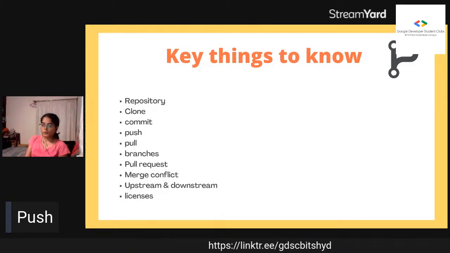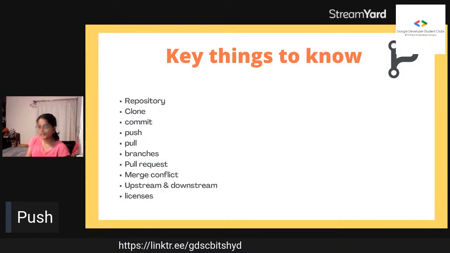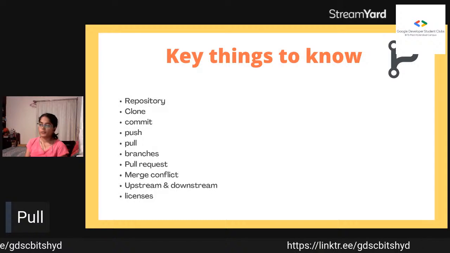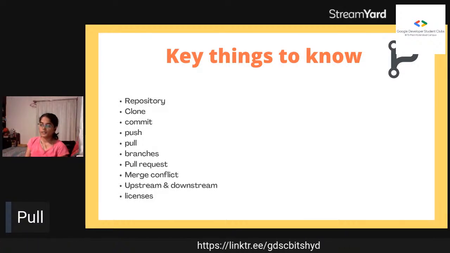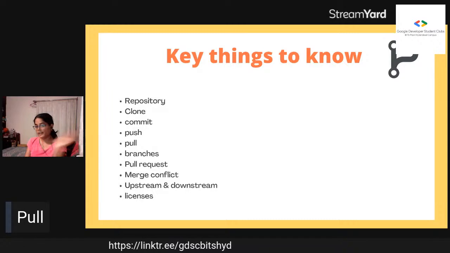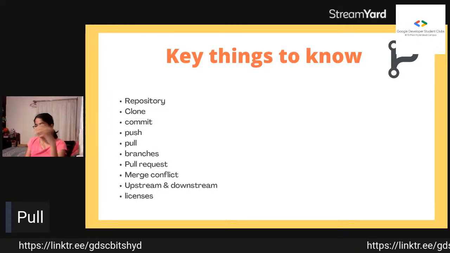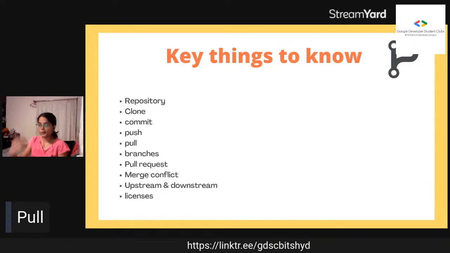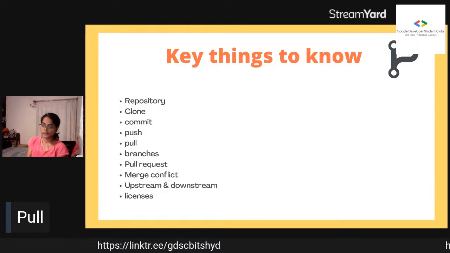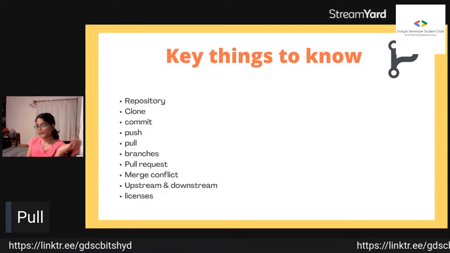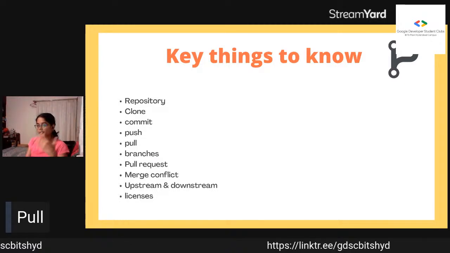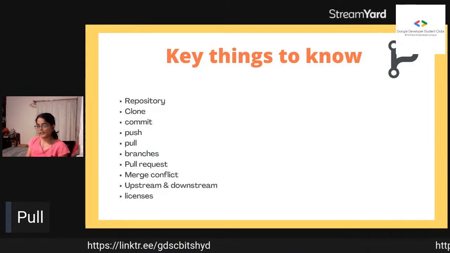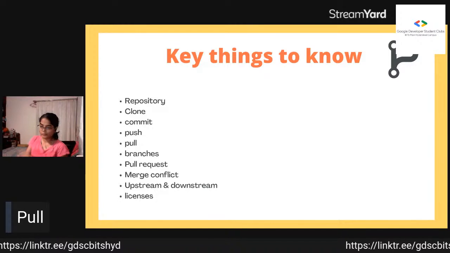And what's git pull? Now that you have pushed your changes to one of these cloud services, GitHub, and your friend has done his part, he has made his changes and put them there. Now you want to see what changes he or she has made. So you have to bring the current state of the GitHub repository back to your local machine, and at that point we do a git pull command.